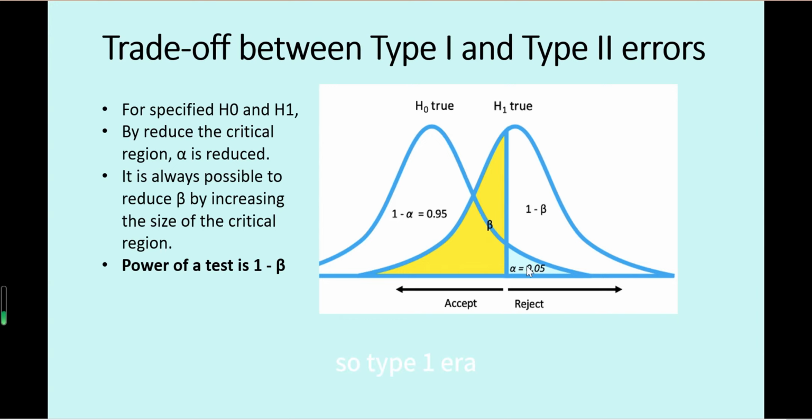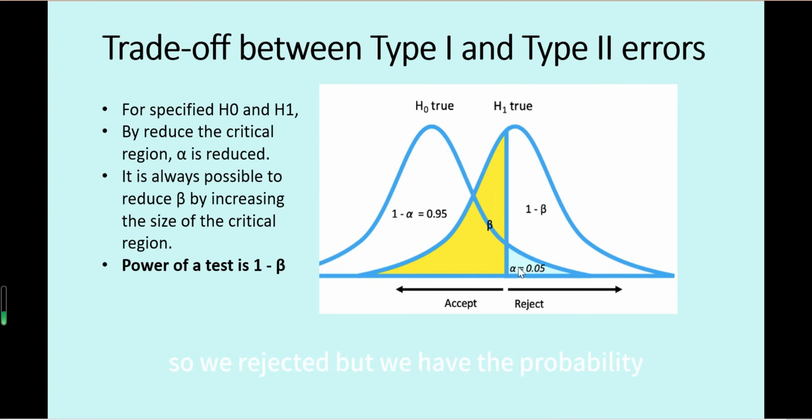The type 1 error area comes from H0, which means we wrongly reject. H0 is true, but we reject because we get a number of positives on the right side of this decision line. So this area is the type 1 error, the wrongly rejected area.